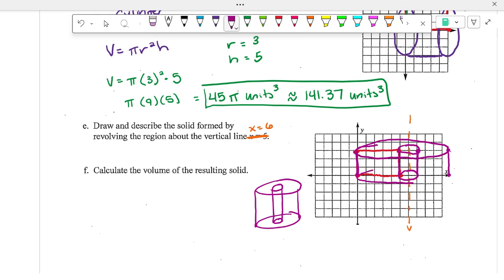How do you think I would calculate the volume of this solid? Take the volume of the big cylinder and the volume of the small cylinder and subtract them. All right.